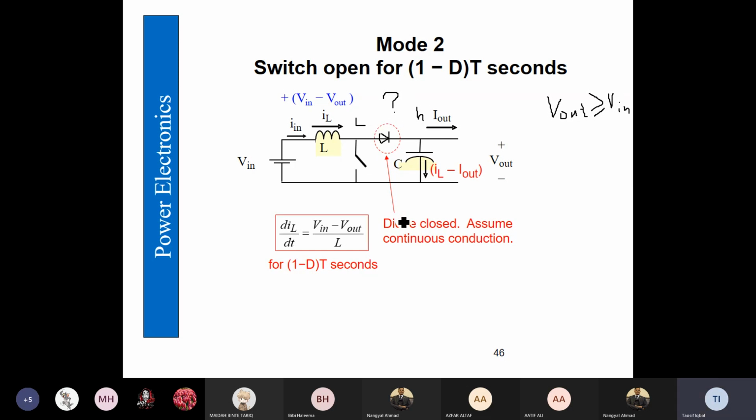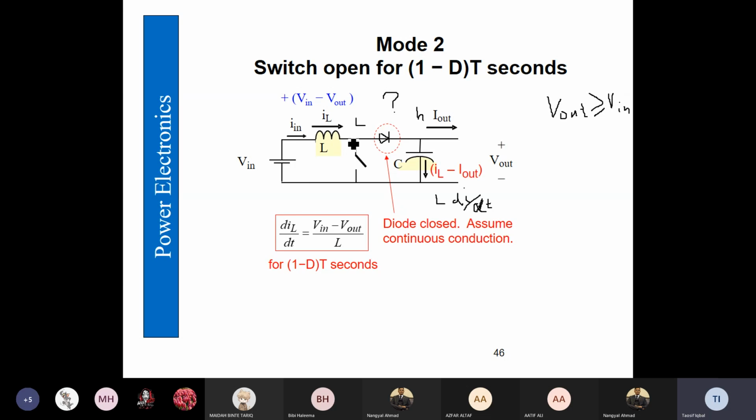The forward bias of the diode depends on L di by dt, the change in current. Due to this change in current, there is a spike in the voltage, and that voltage makes this diode forward biased.